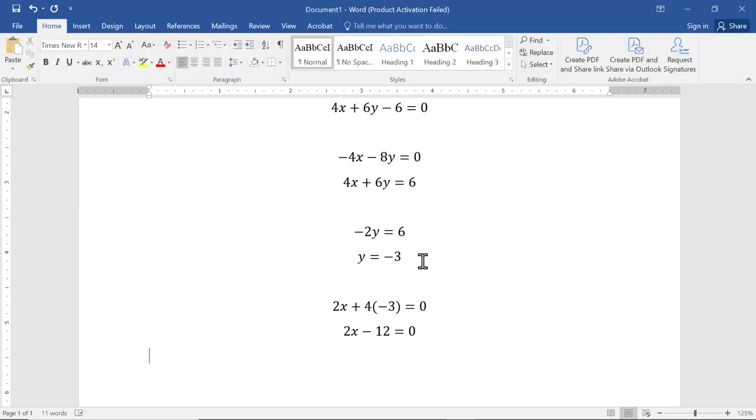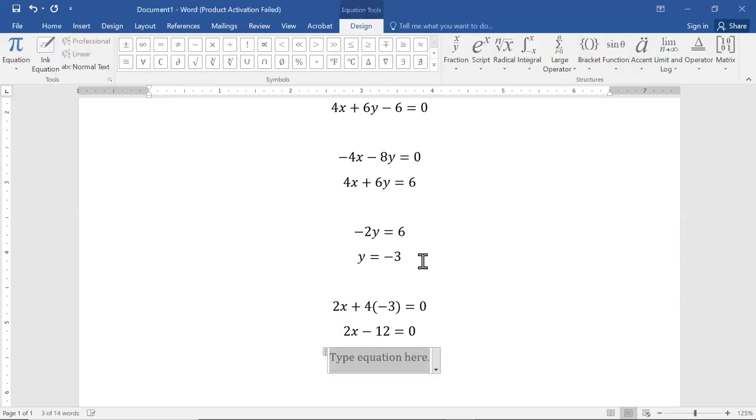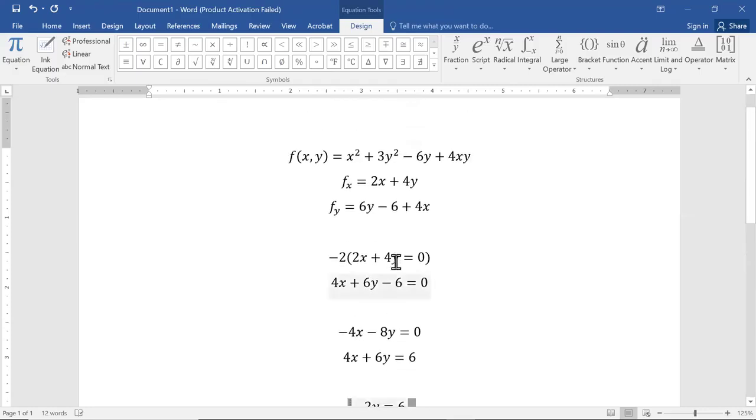And it's pretty clear that x has to be 6. Notice that the point (6, -3) is the only point that makes this system of linear equations true.